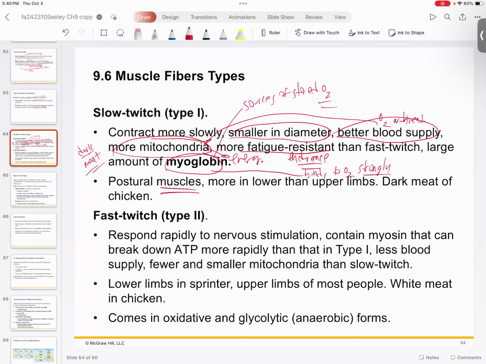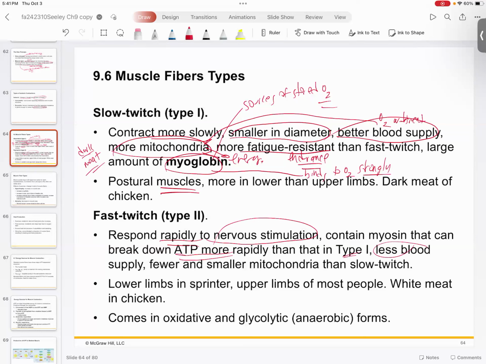Fast twitch, this is your sprinter muscle, right? So they're going to be a very rapid type of muscle. They typically are stimulated by nervous stimulation. They have a type of myosin that can break down your ATP much faster than type 1.